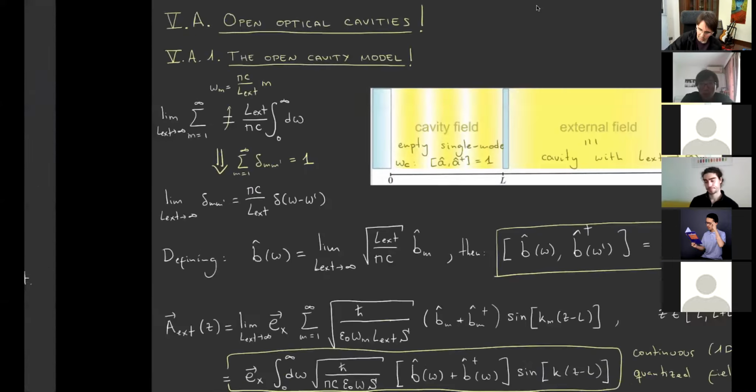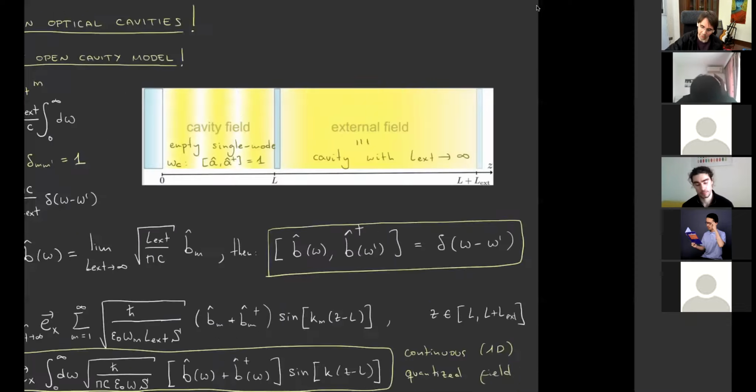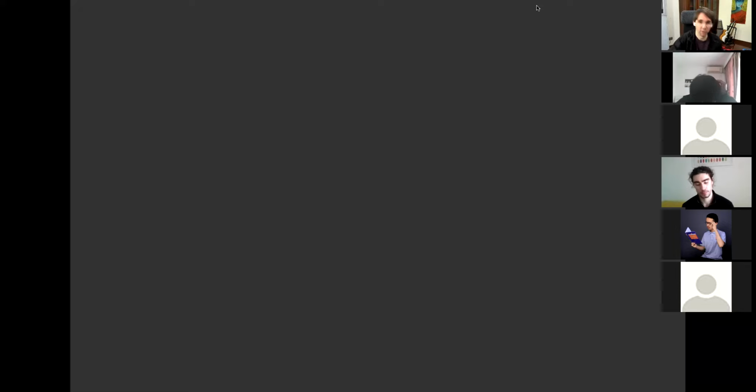So again, just very quickly, our system will be the cavity, our environment will be the external field. And then when we combine them, we get a Hamiltonian that has several terms. The first term is just the free evolution, so the free Hamiltonian.